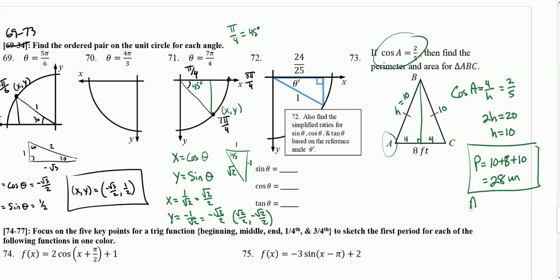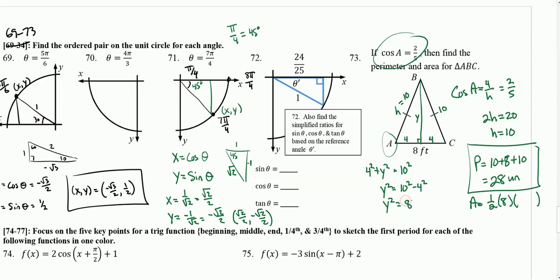For the area, we're going to need 1/2 base times height, so 8 times, and we've got to find the height. I'll call my height y and use Pythagorean theorem. 4 squared plus y squared is our hypotenuse squared. So y squared is 10 squared minus 4 squared. 10 squared is 100. 4 squared is 16.